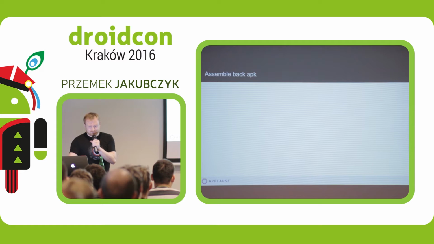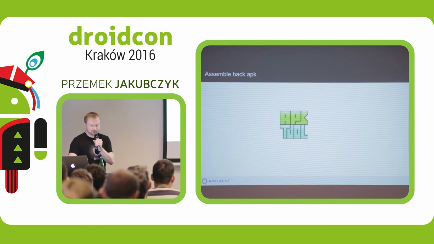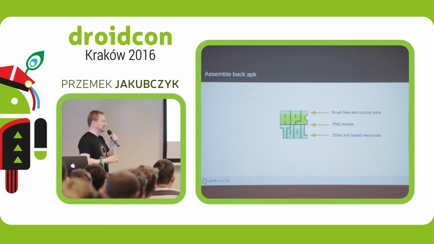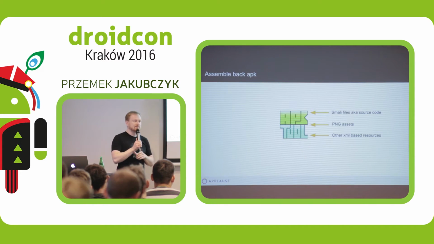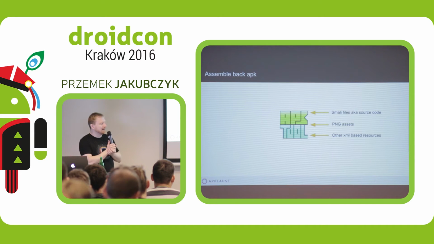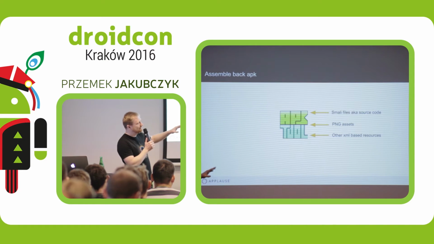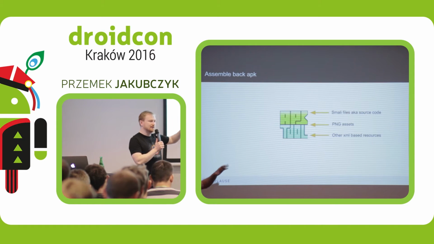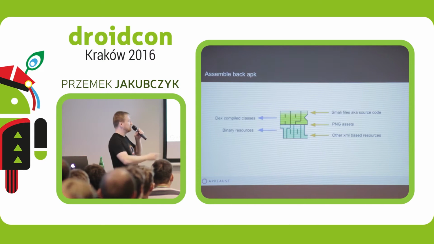So let's talk a little bit more about APK tool, but in reverse, because APK tool can do it both ways. This is not a very popular tool. However, there are other disassembling tools for Android, but they cannot do both ways. So APK tool, once it decompiled stuff to formats it understands, can do it the other way around, which is good.